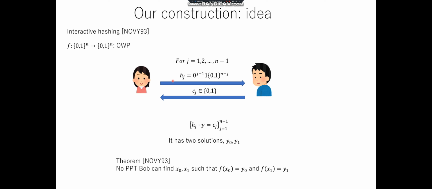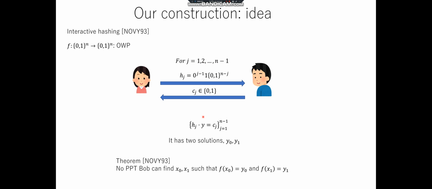Alice chooses a random bit string H_j, which is chosen as follows: the first j-1 bits are all 0, the j-th bit is 1, and the remaining bits are uniformly chosen at random. This bit string is sent to Bob, and Bob returns a single bit c_j. They repeat this interaction from j equal 1 to n minus 1.